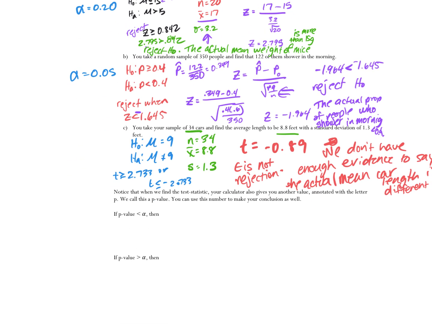For this one, we set alpha to be 0.01%. We did that on the previous page when we calculated the rejection region. If your p-value is less than alpha, you can reject the null hypothesis.